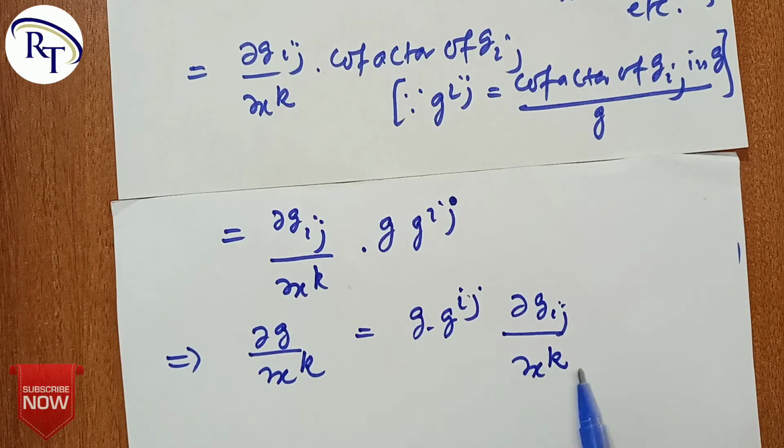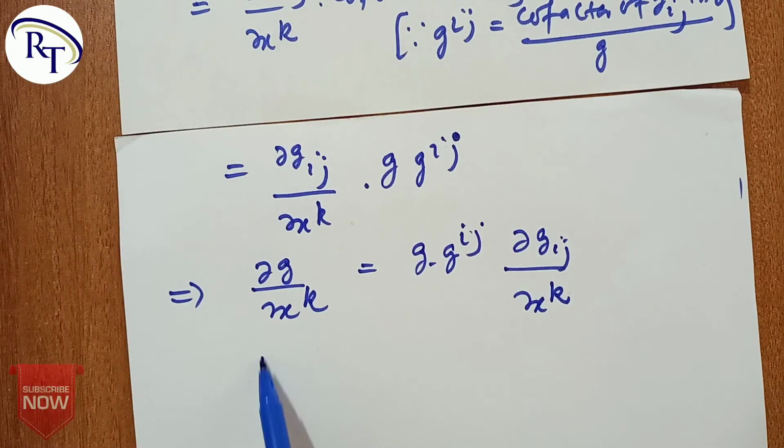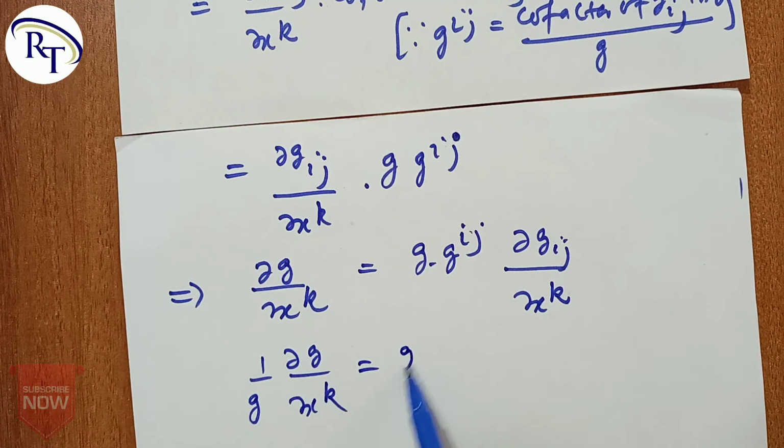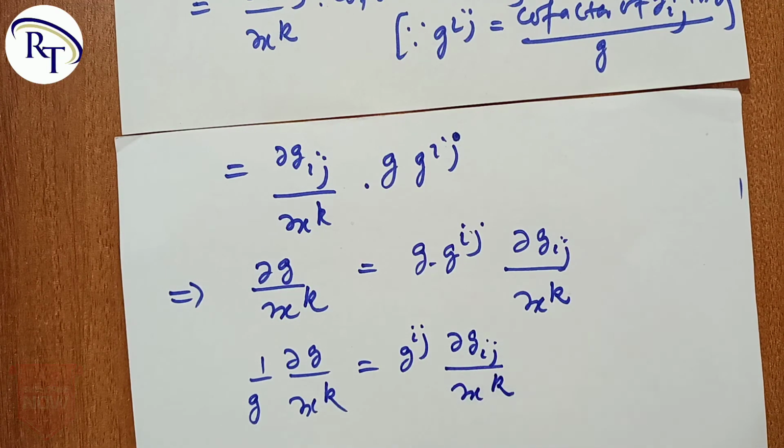Now dividing by G on both sides, we get (1/G) ∂G/∂x^k equal to g^ij ∂gij/∂x^k.